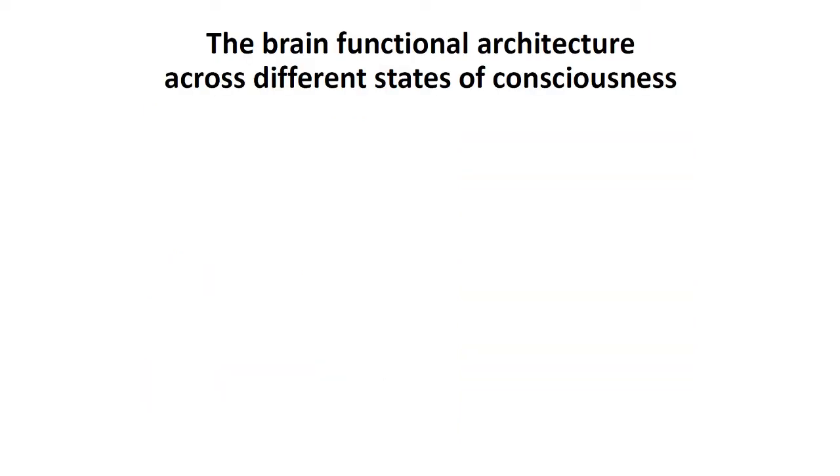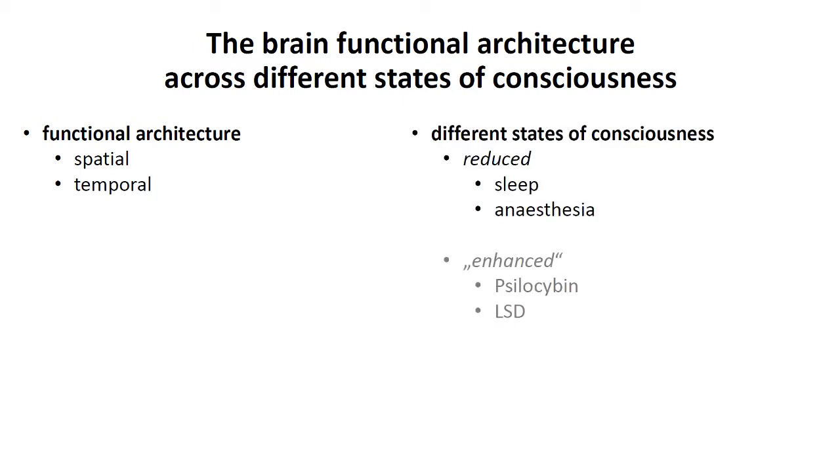So what I'm going to talk about essentially is the functional architecture of the brain, I mean, the spatiotemporal organization of brain activity in states of unconsciousness. Basically states of reduced consciousness, which will be, for example, deep sleep or anesthesia. But I will very briefly touch on what I consider states of enhanced consciousness, that could be, for example, the psychedelic state.